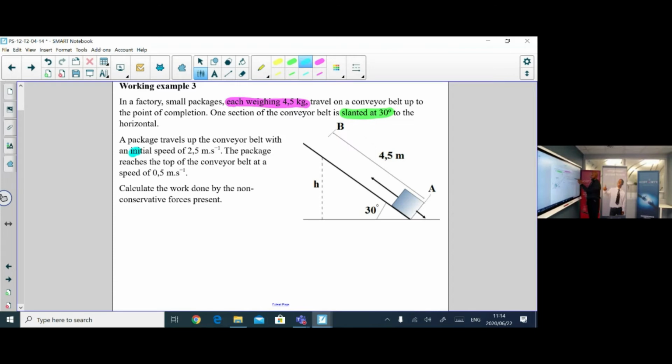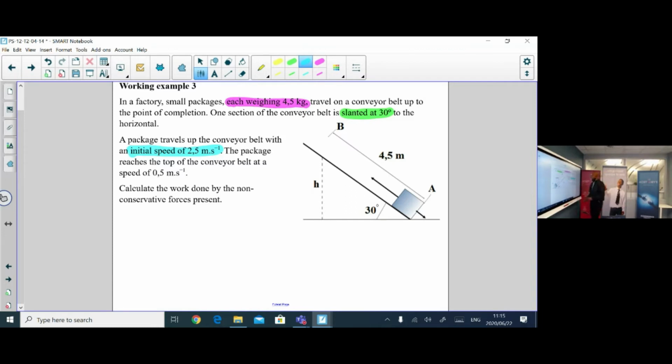A package travels up the conveyor belt with an initial speed. In other words, we have been given the initial velocity. The moment you see initial speed, you must know that this is our initial velocity of 2.5 meters per second.